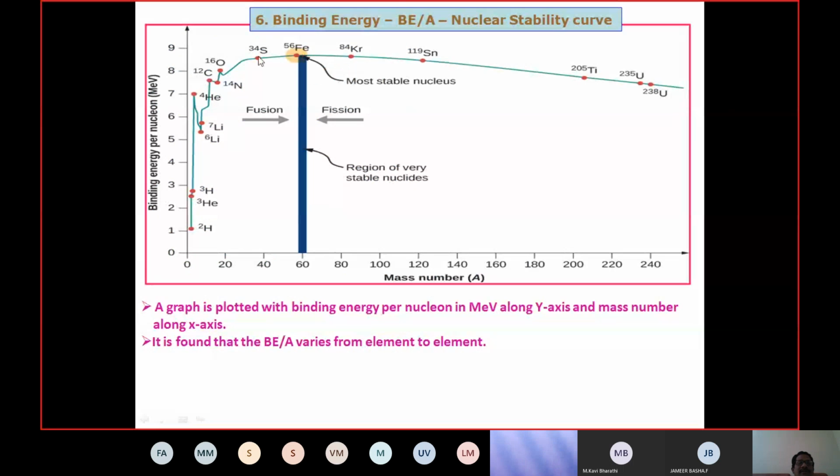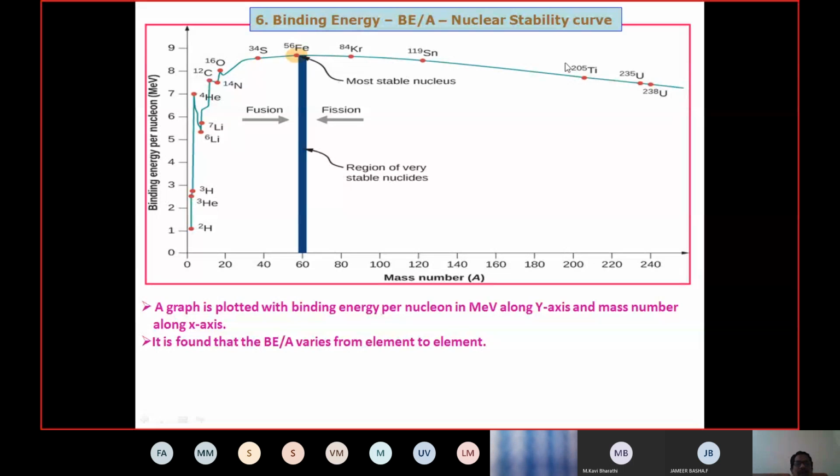After some small short peaks, it increases up to 8.8 mega electron volt for iron, which has the highest binding energy per nucleon. So this is the most stable nucleus among all the nuclei in the curve. This 8.8 mega electron volt is the most stable nucleus among all nuclei.